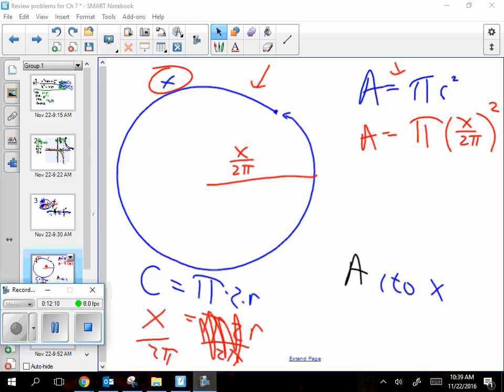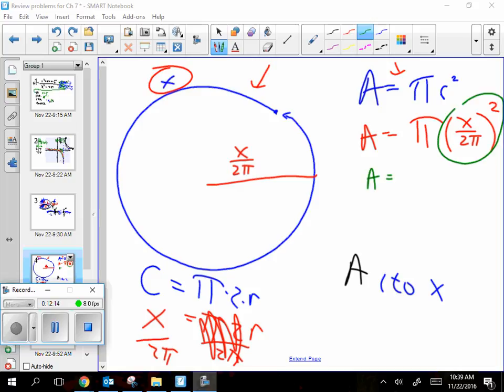Agreed. First, we should square everything. Okay, so we're going to square that stuff. So area is pi times x squared. And how do you square 2 pi? 4 pi squared. A lot of people are going to forget to square the 2, but we did it right there. So now I can cancel some stuff. What cancels? So I can go doink, doink.